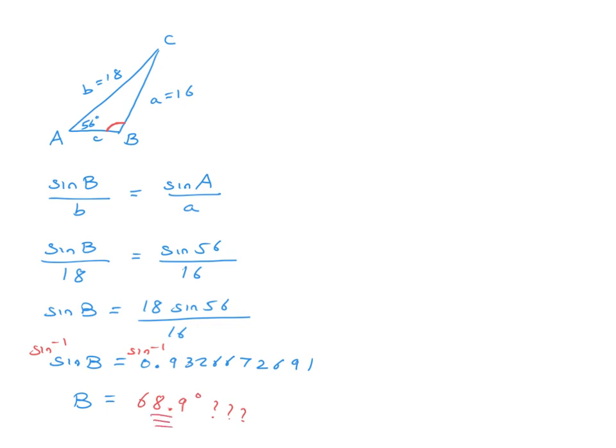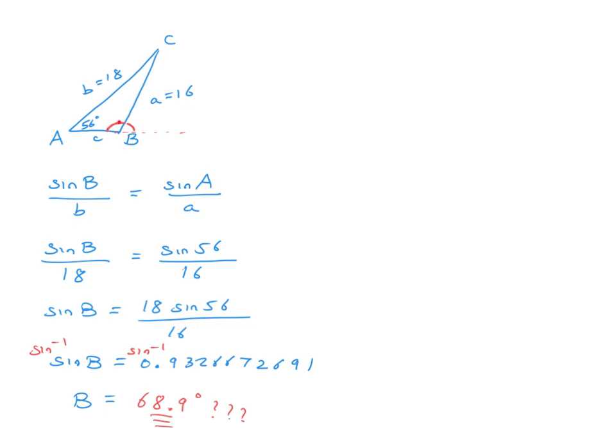There's an easy fix for this. When we define the sine inverse function, it always gives you an angle between negative 90 degrees and positive 90 degrees. So this is a problem. It doesn't give you the angle that you need. But there's a very easy way to get it. The 68.9 value that the calculator gave you back, that's actually this angle here.